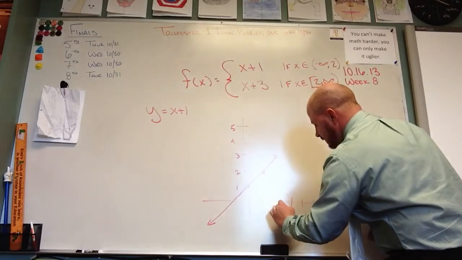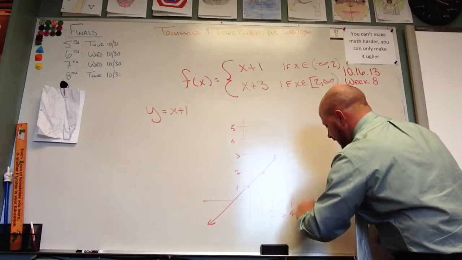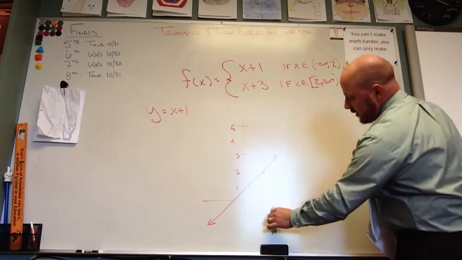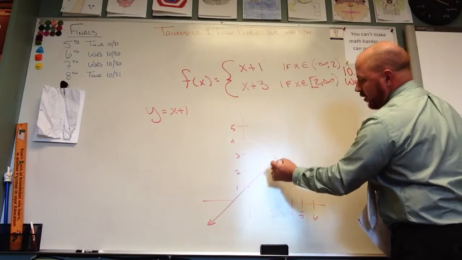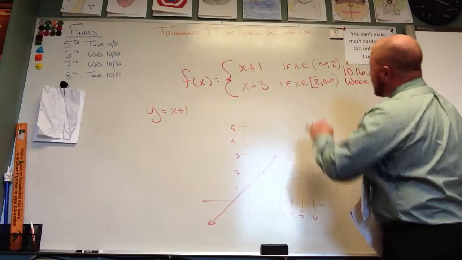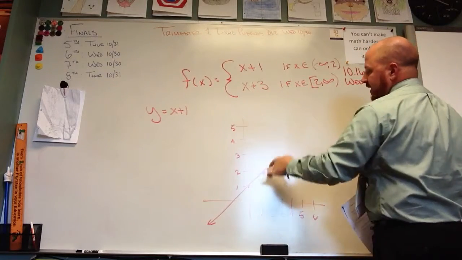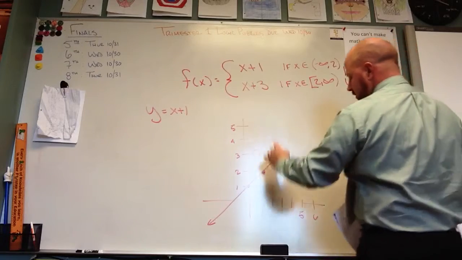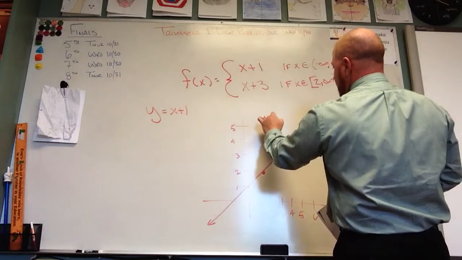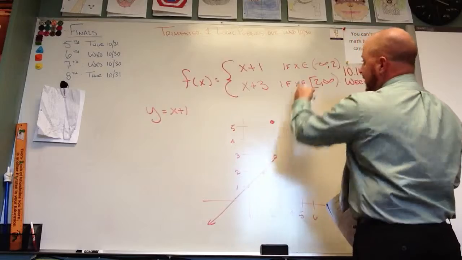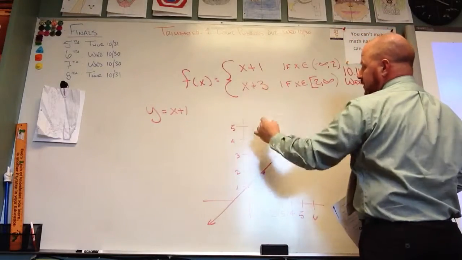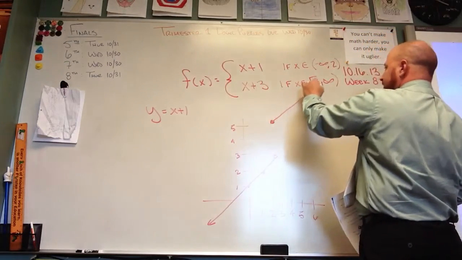And then over here, we have some more x values. And again, noting that right above 2 is where I'm no longer listening to this function, but I'm going to go to this function. Well, when x is 2, and I add 3, I need to start up here at 5. So directly above it, I have a solid dot, and now I still have that slope of 1. So it would still look like this.